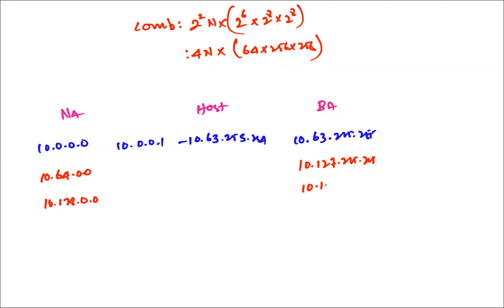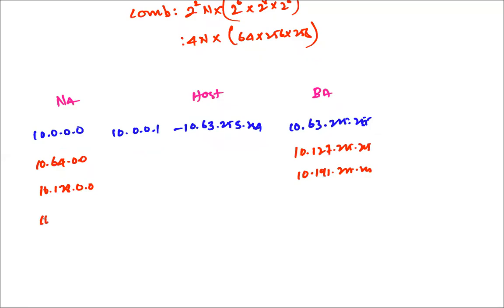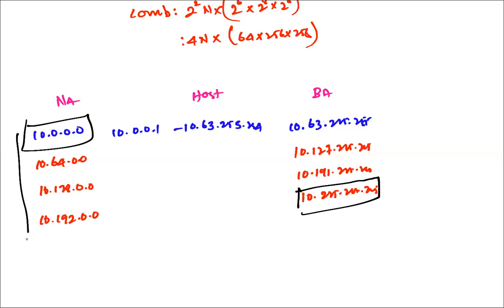Here 10.191.255.255 and 10.192.0.0 to 10.255.255.255. Same story. Started with 10.0.0.0, finished with 10.255.255.255. How many networks? 4 networks. How many IPs per network? 64 into 256.